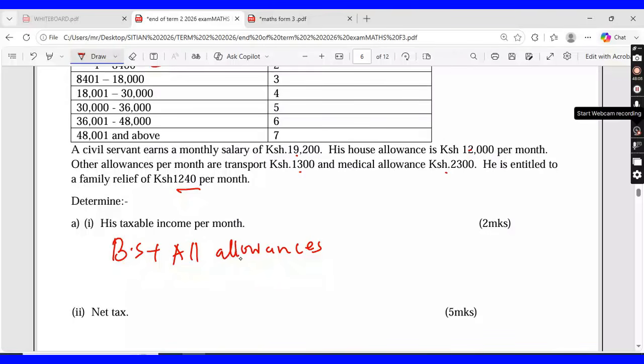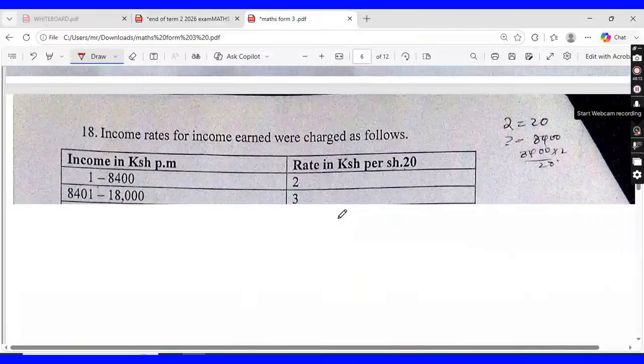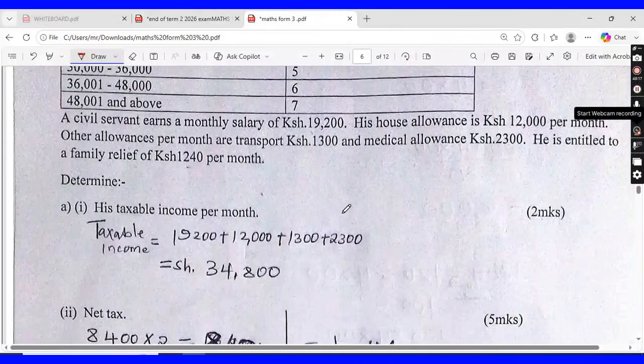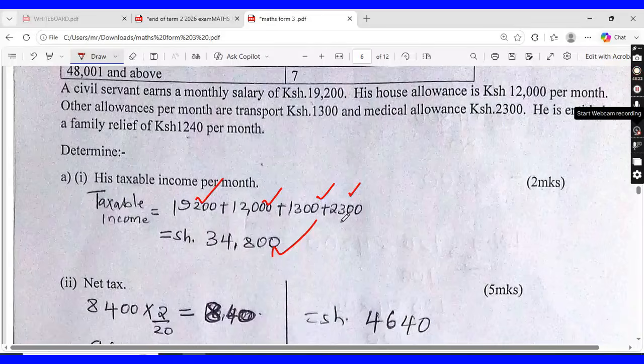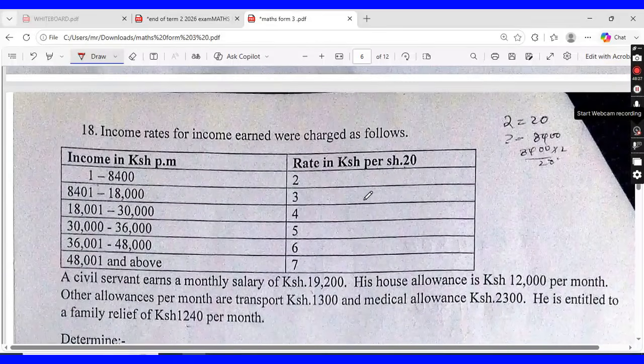But all allowances which are taxable, then you should include it. So taxable income is the basic salary, allowances, all of them, and it gives us 34,800.